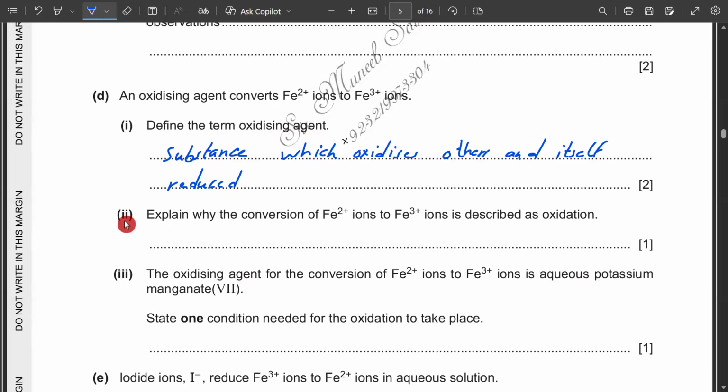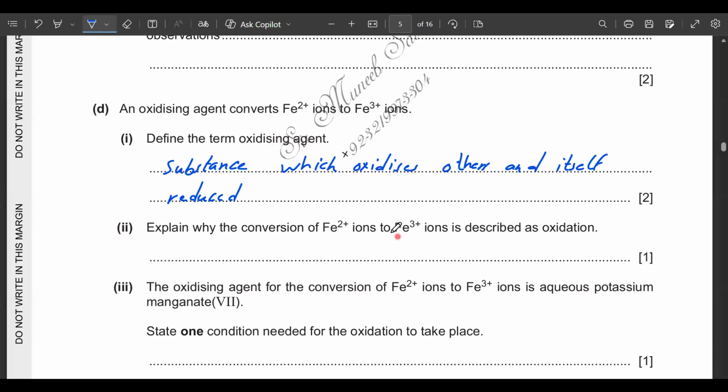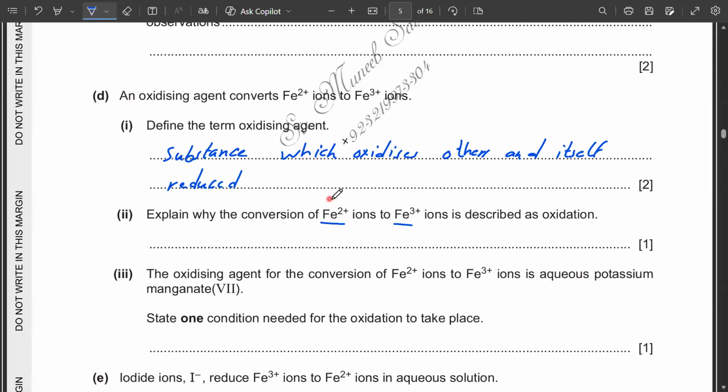Then, next part, explain why conversion of iron 2 plus ions to iron 3 plus ions is described as oxidation. So here we will see the conversion is from iron 2 plus to iron 3 plus. It means there was initially 2 electrons lost from iron 2 plus, and in iron 3 plus there were 3 electrons lost.